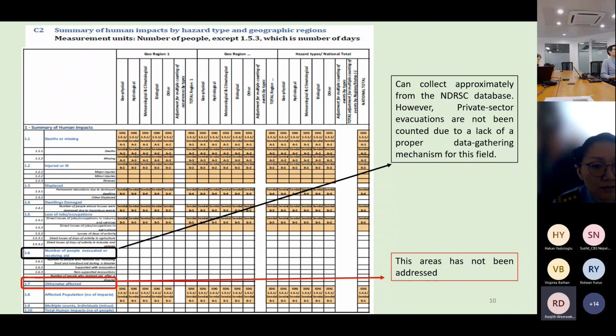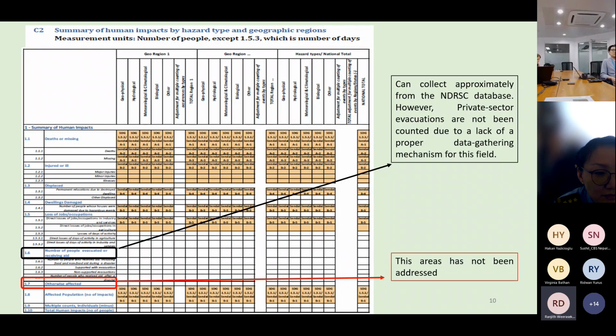We want to improve our data collection mechanism to develop this sector. And otherwise affected, another section, this area has not been addressed yet, actually.